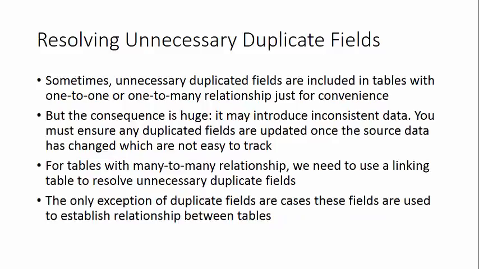One common mistake, one kind of easy-to-make mistake, is actually having unnecessary duplications in different tables. And sometimes unnecessary duplicated fields are included in tables with a one-to-one or one-to-many relationship just for convenience.